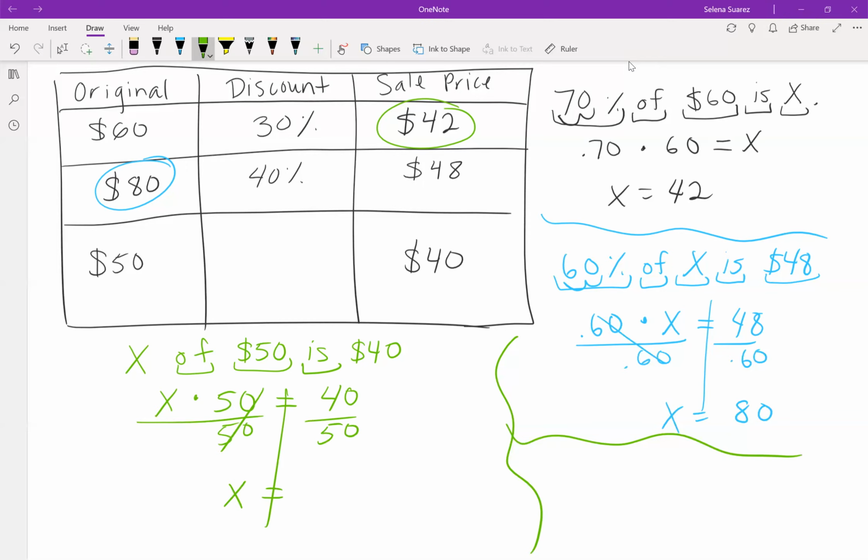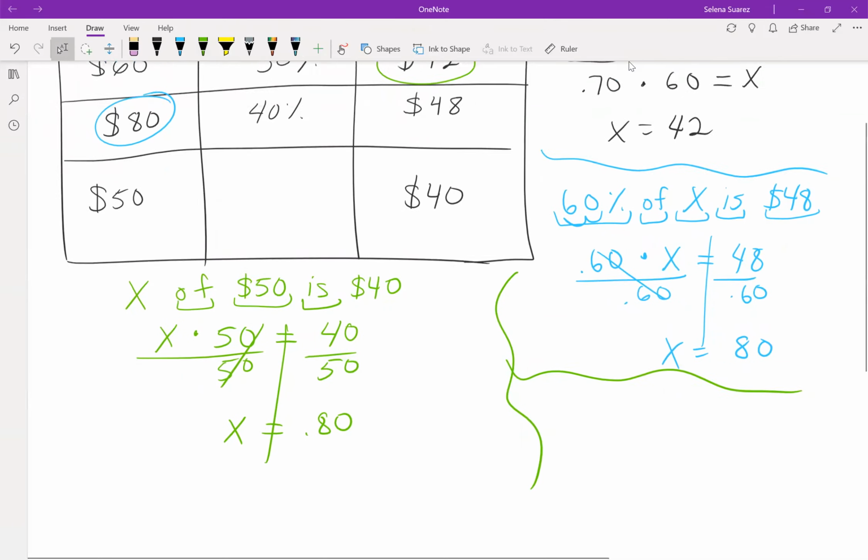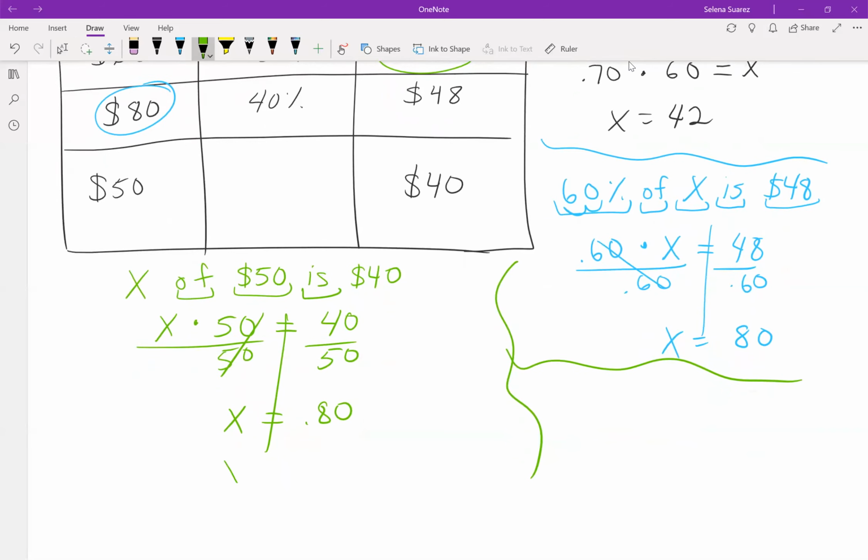So 40 divided by 50, I ended up getting 0.80. Okay, so 0.80. Remember that we are trying to solve for a discount, which is a percent. So you need this in percent form. Okay, so move the decimal over twice.